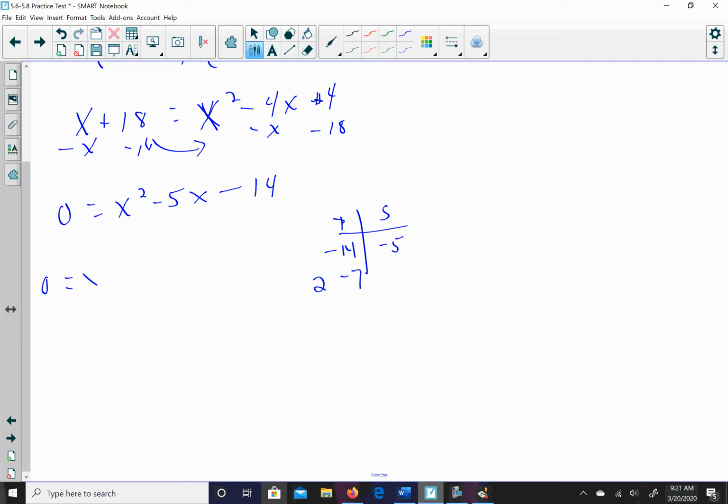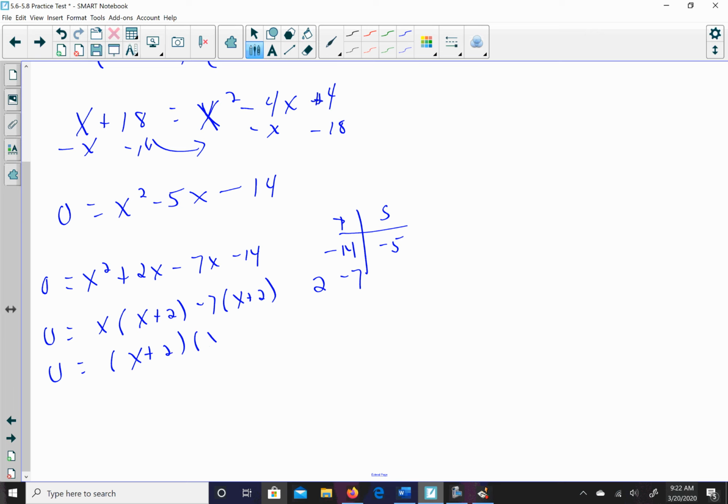I'm going to rewrite this as x squared plus 2x minus 7x minus 14. I'm going to factor out an x here, so x plus 2. Factor out negative 7, x plus 2. So I'm going to get x plus 2 times x minus 7, which means x is equal to negative 2 and x is equal to positive 7.